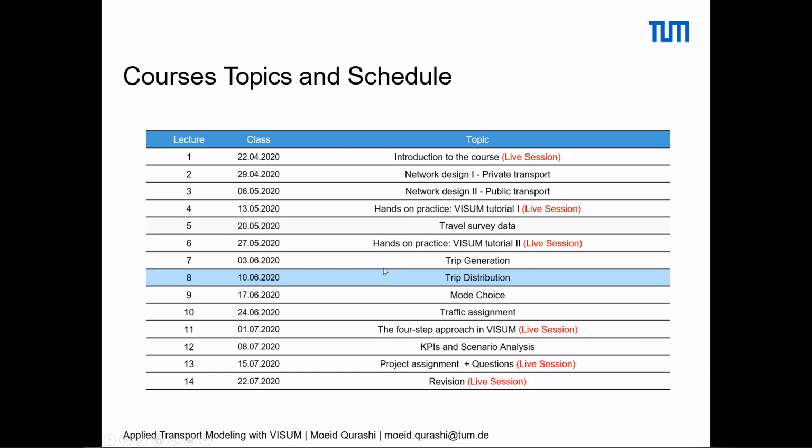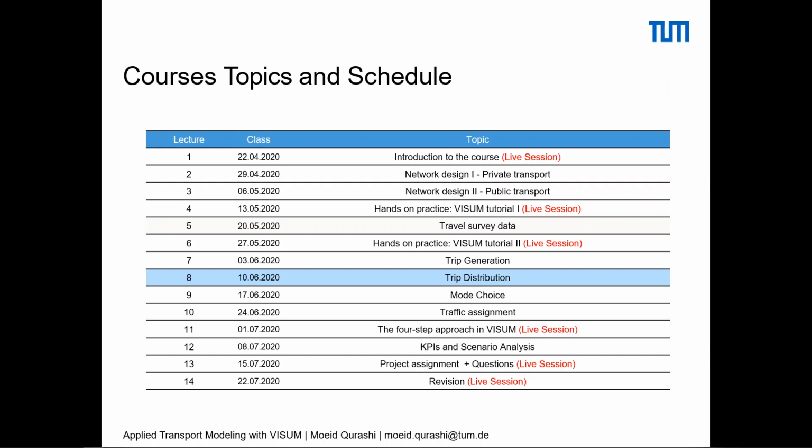Looking at the schedule again, it's our eighth lecture today, and last week we had a lecture on trip generation. What we're trying to cover is the four-step modeling technique on Visum, which includes trip generation, distribution, mode choice, and traffic assignment.